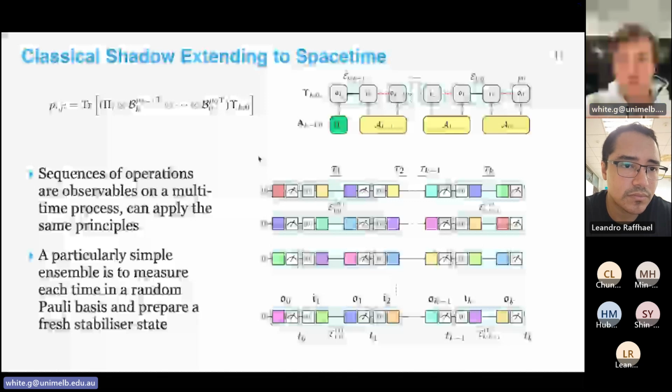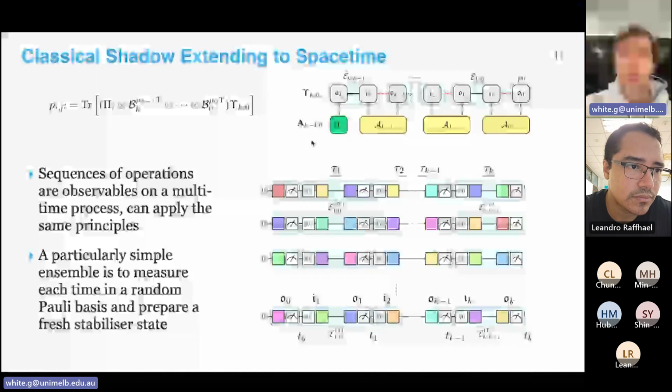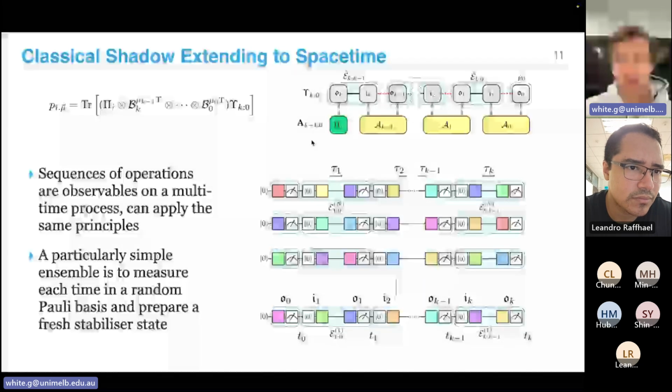Here we fix the number of marginals that we're interested in. Let's say we're interested in 2-body marginals or 3-body marginals and so on. Then the number of measurements is effectively 3 to the power of k, where k is the number of bodies we're interested in, or if we're talking about times, then it's double that.